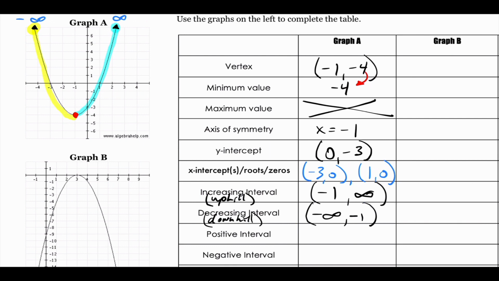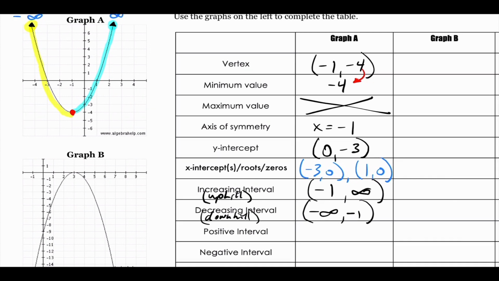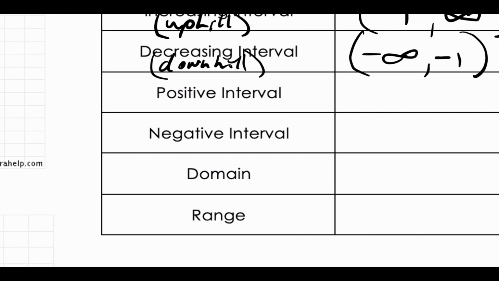Okay. The next one is positive and negative interval. Same interval, right? So what does positive mean? Another way of saying positive interval is above the x-axis, and negative is below the x-axis.